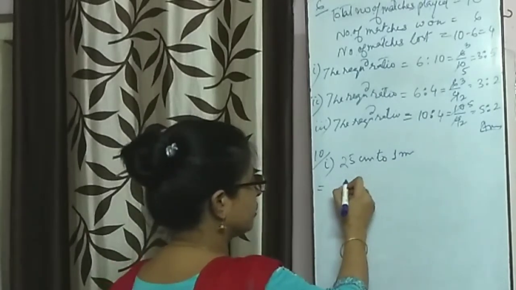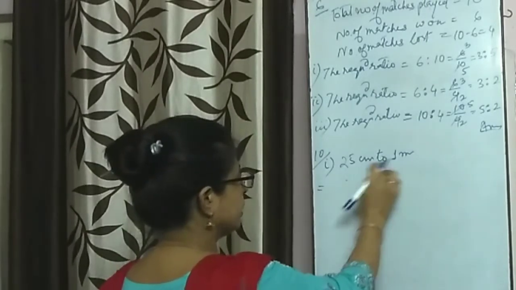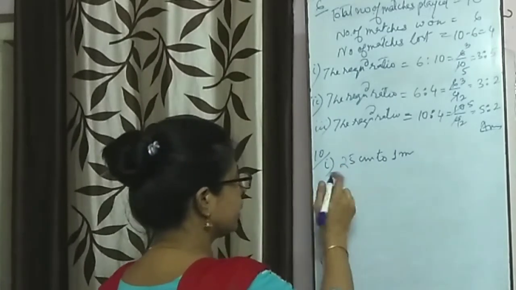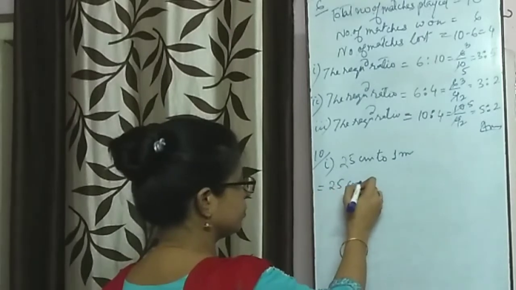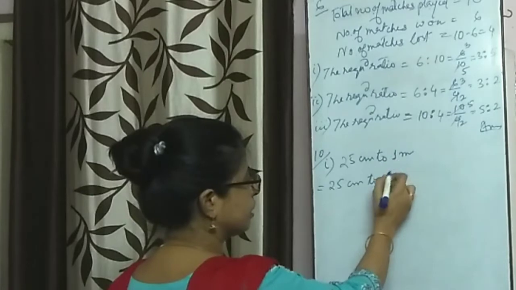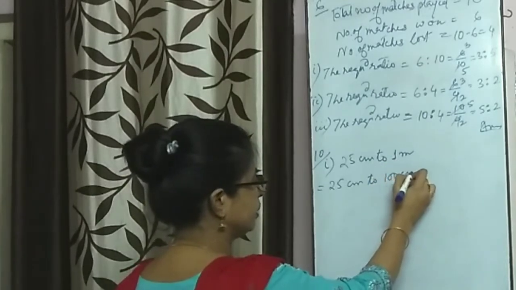I can write 1 meter equal to 100 centimeter. Then 25 centimeter is to 100 centimeter. Or directly I can do 25 centimeter to 1 meter means 100 centimeter.